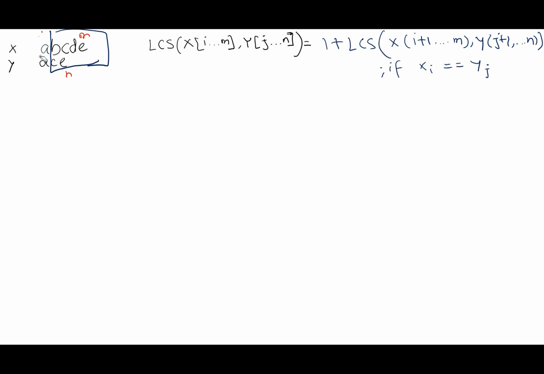Now think about another example, where the characters don't match. Say it was b here. If it was b there, in that case, since there is a mismatch between these two characters, can we say, okay, let's leave a from the first and try a new way, because these first two characters don't match.